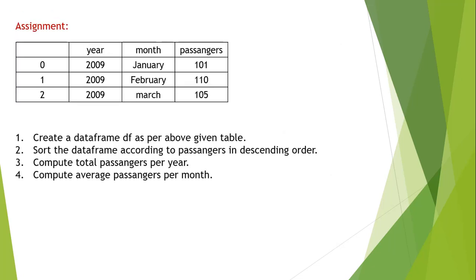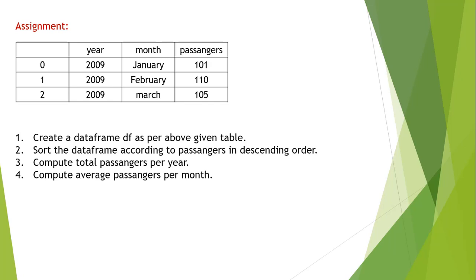There is an assignment for you. The assignment will include this table first, and you have to create a data frame df as per the above given table. In the table you can see year is there, month is there, passengers are there, and the indexes have been given 0, 1 and 2. Values have been provided for the year, month and passengers.